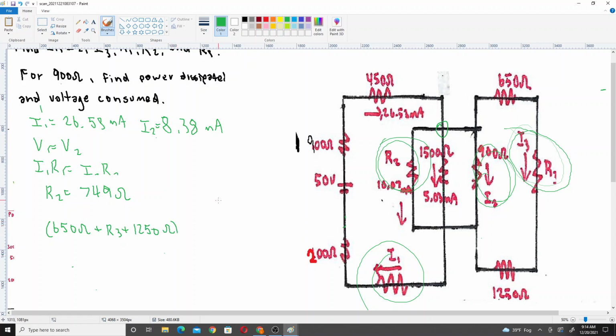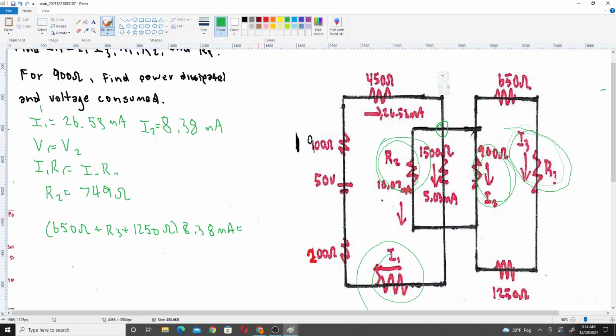And then the current for that is between I2 and I3, they have to have the same current, so we know that will be 8.38 milliamps. And we can set this equal to 1500 times 5.03.